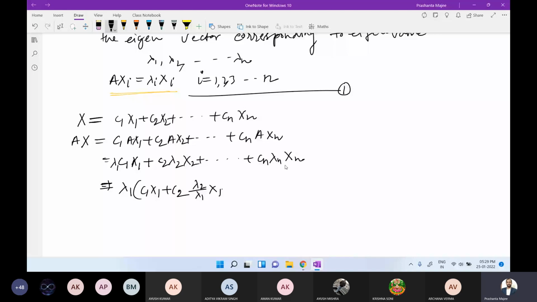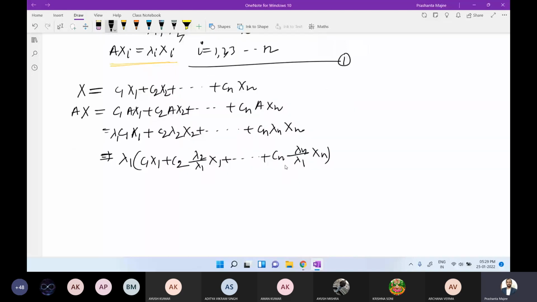So Ax is a vector. If you pre-multiply this vector by A again, you will get A square x. A square x will be A into Ax.